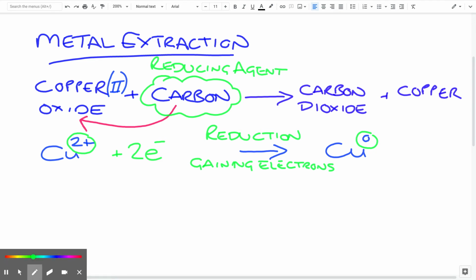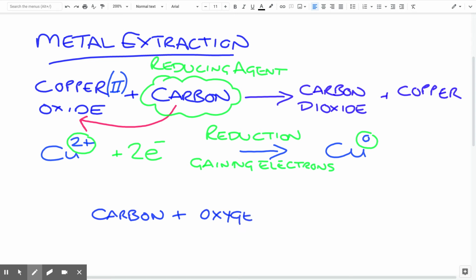And in doing so, the carbon is reacting with the oxygen oxide. I'll just bracket that because I don't want to go into how the oxygen is present, but it's reacting with the oxygen oxide and is producing carbon dioxide.